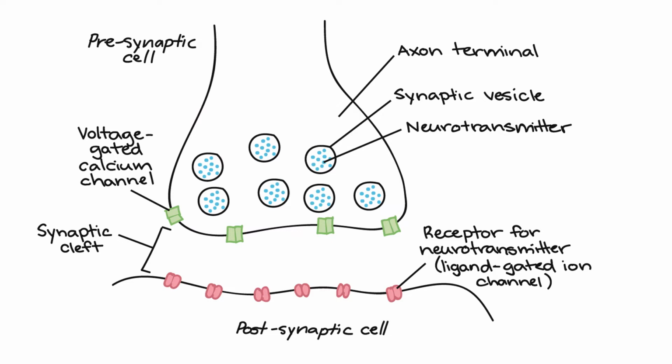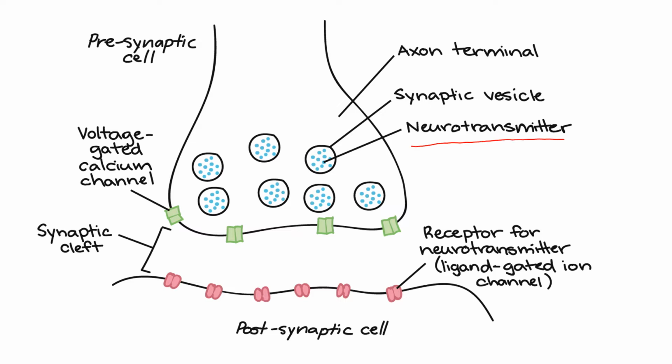Now, a little bit about the very end of the neuron. So I drew it at the very end, but the axon terminal is going to have a specialized structure. And one thing that it's going to have in the terminal is these things called synaptic vesicles. And these are just going to be little storage containers for neurotransmitter.